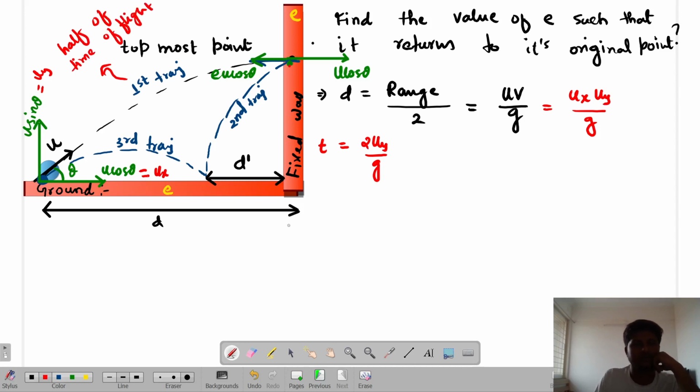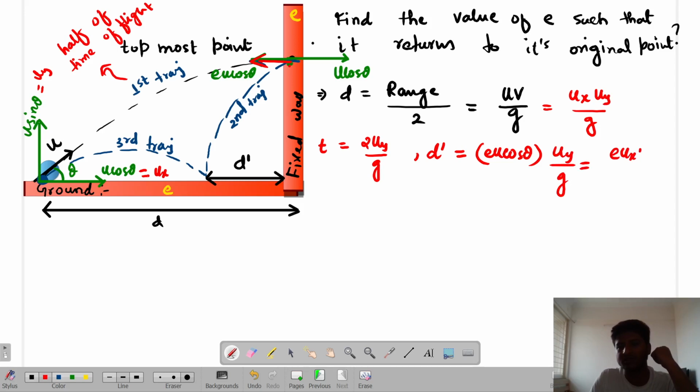So for d dash, what is our velocity? It is eu cos theta after the collision with the wall, into that half of the time of flight, which is uy by g, isn't it? So this is nothing but e into ux uy by g. Are you able to get me or not? That is my d dash.